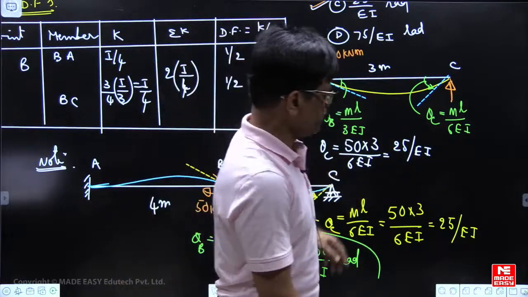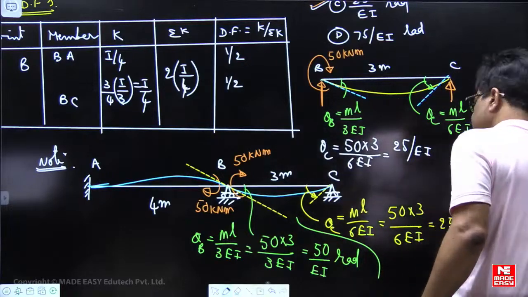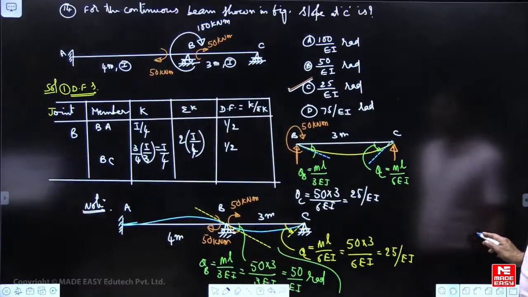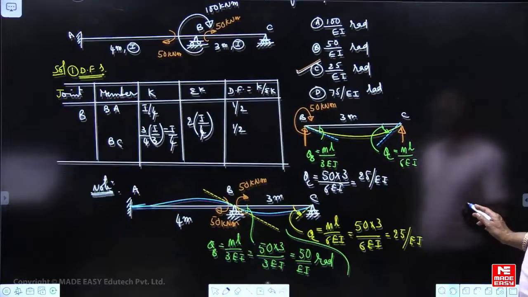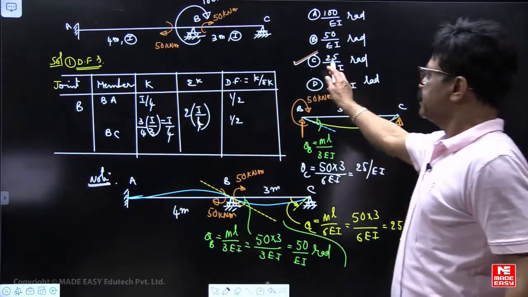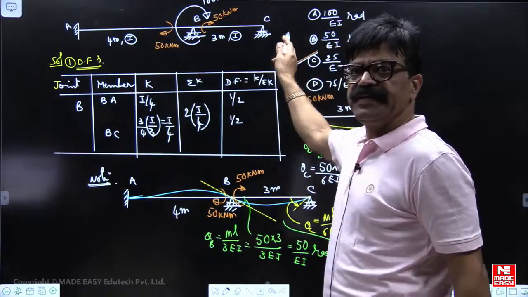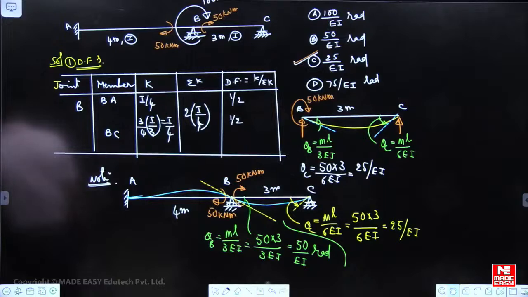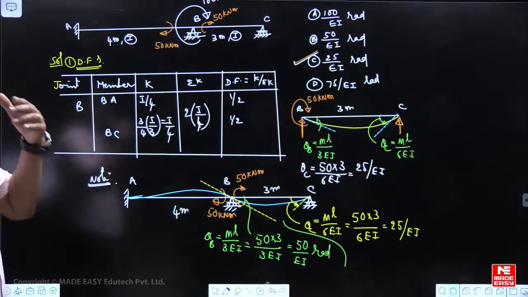So be careful which one they are asking, observe and accordingly answer. Okay, this is theta C. 50 by EI is theta B.